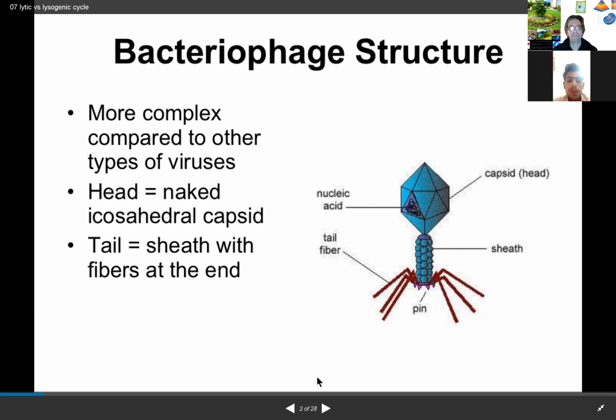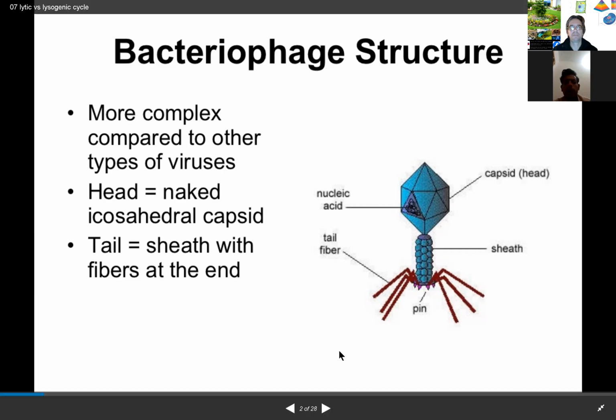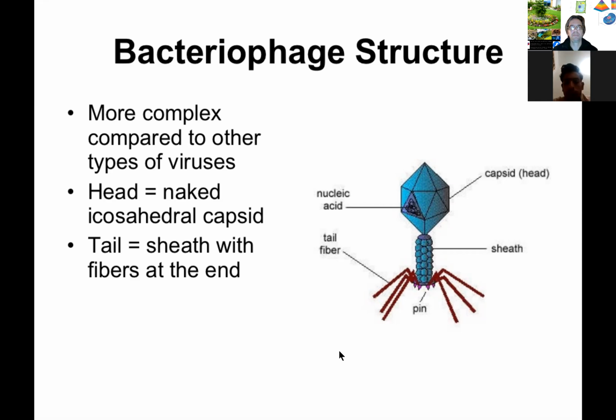We will discuss its structure. The structure is made of a capsid. The capsid may be icosahedral or polyhedral. The capsid is made of capsomeres, and inside the capsid is nucleic acid. Bacteriophage consists of DNA.